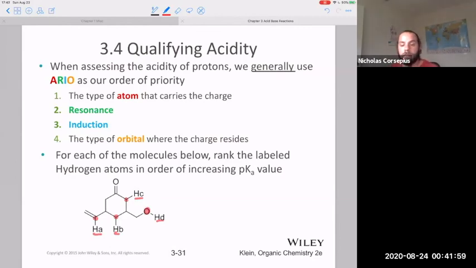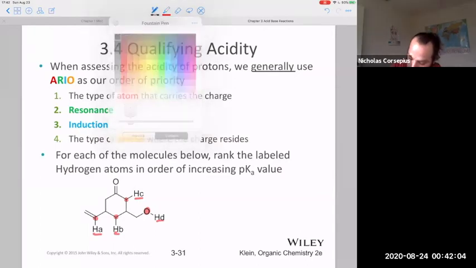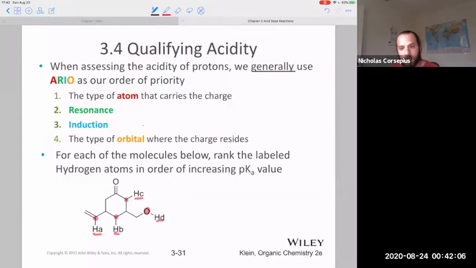Okay, so right off the bat, I can tell which one's going to be the most acidic proton, and that's going to be hydrogen D because it's bound to that oxygen. Oxygen's more electronegative than carbon, so it's going to be more happy to hold that negative charge. Cool, so that one's done.